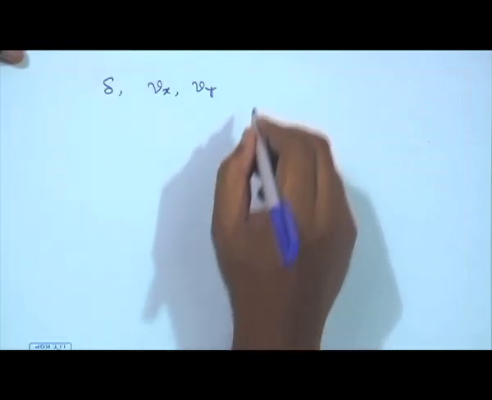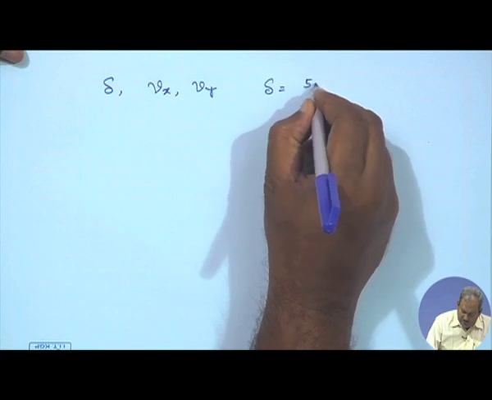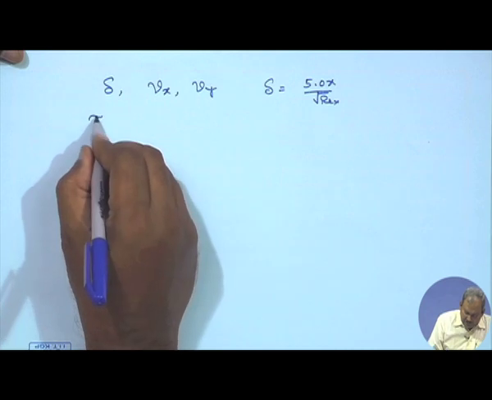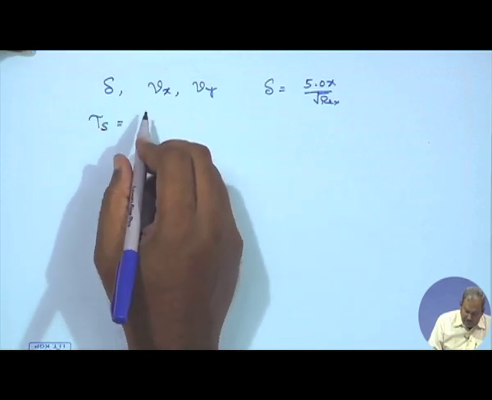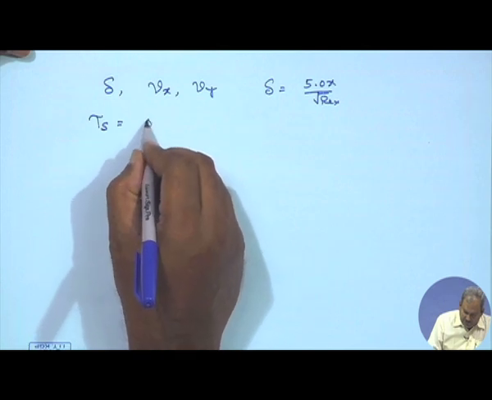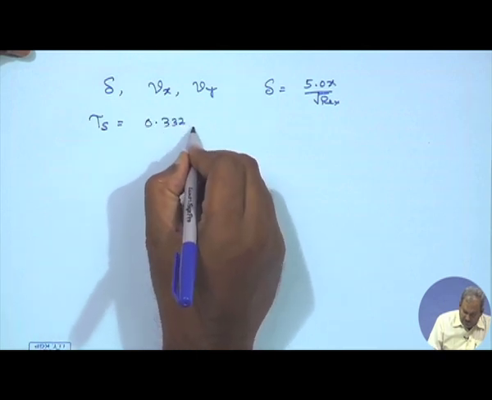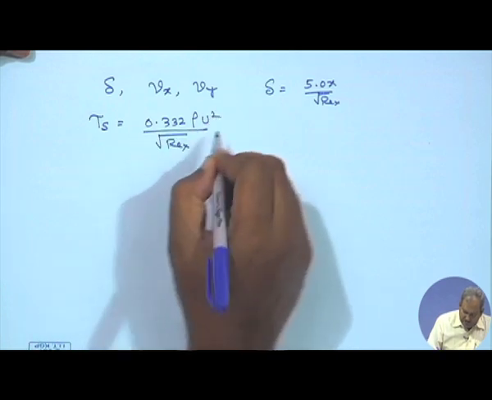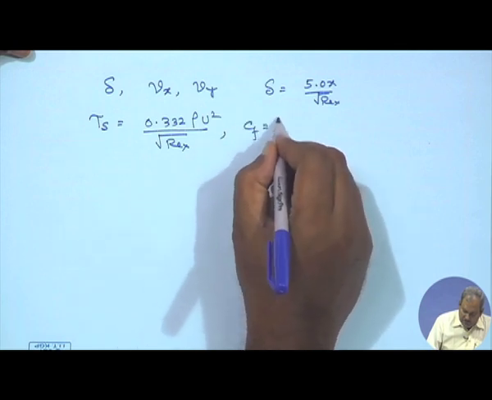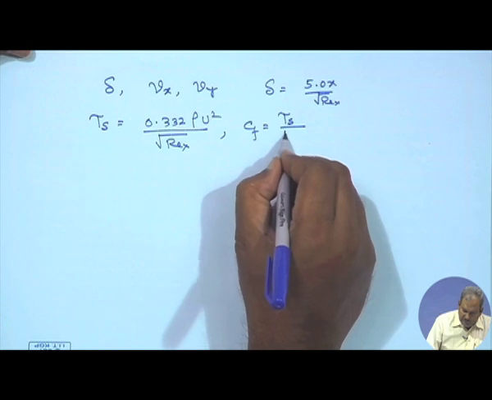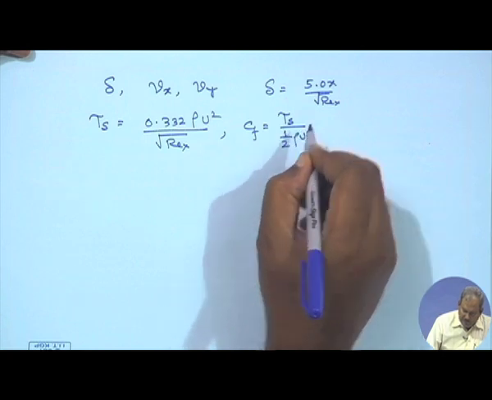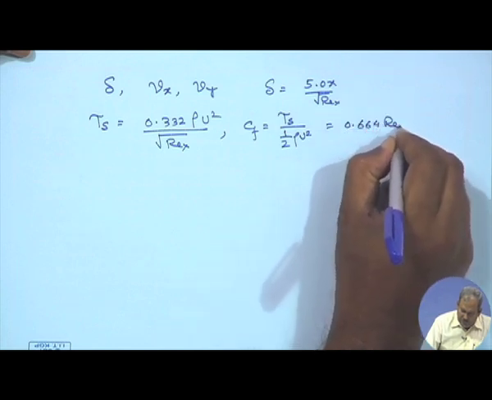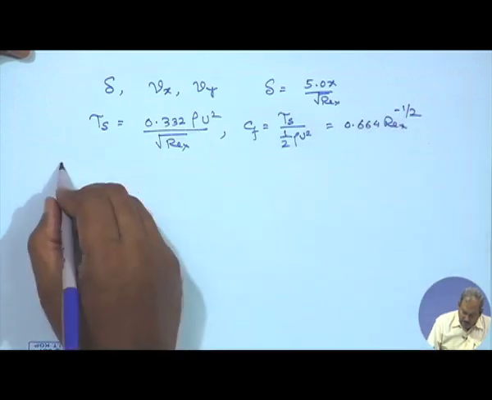So, with this we obtained delta equal to 5.0 x by root over Re x, and we obtained the wall shear stress to be 0.332 rho u square by root over Re x, and the local friction coefficient was defined as tau s divided by half rho u square, which is 0.664 Re x to the power minus half.